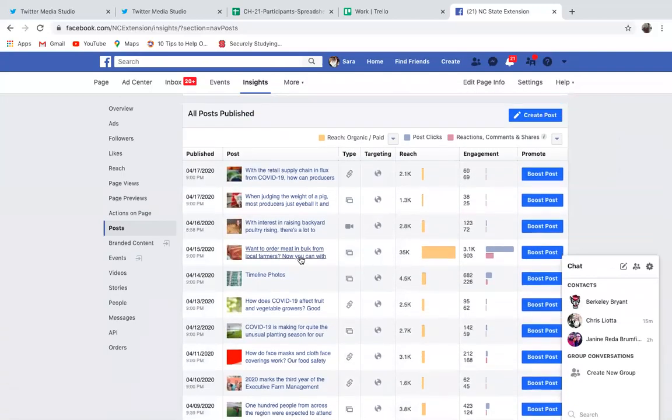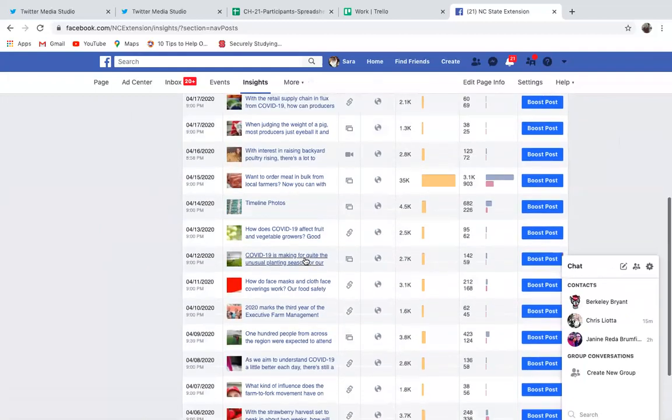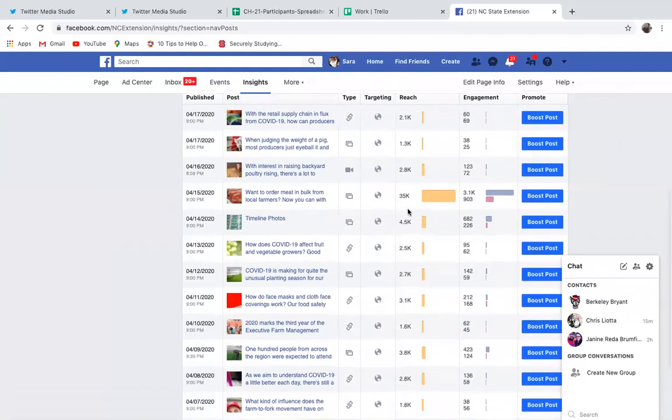But just eyeballing it here, this article that we posted about Meat Suite, an online directory where people can order meat in bulk from local farmers, was something we posted recently. And that had a reach of 35,029 people, to be exact.